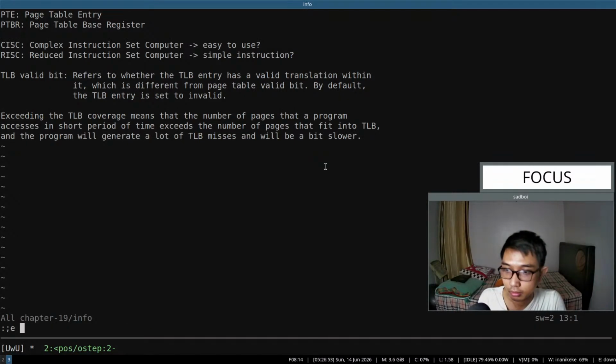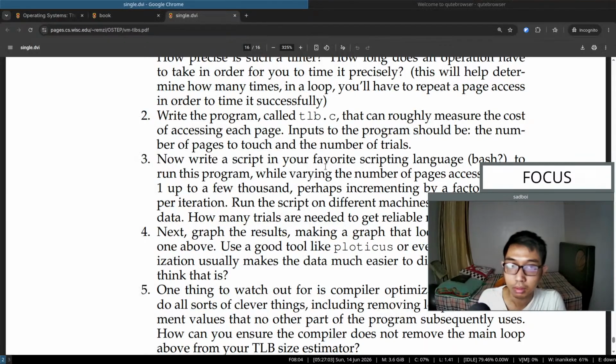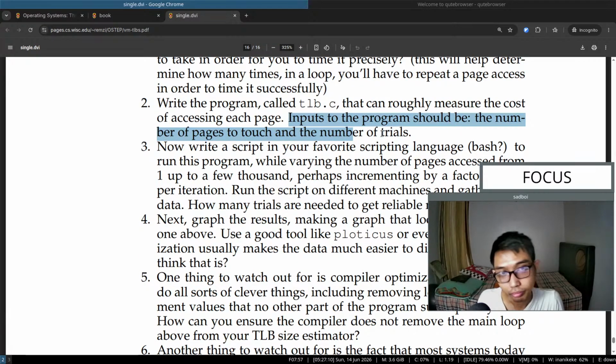TLB.c. Input to the program should be okay.